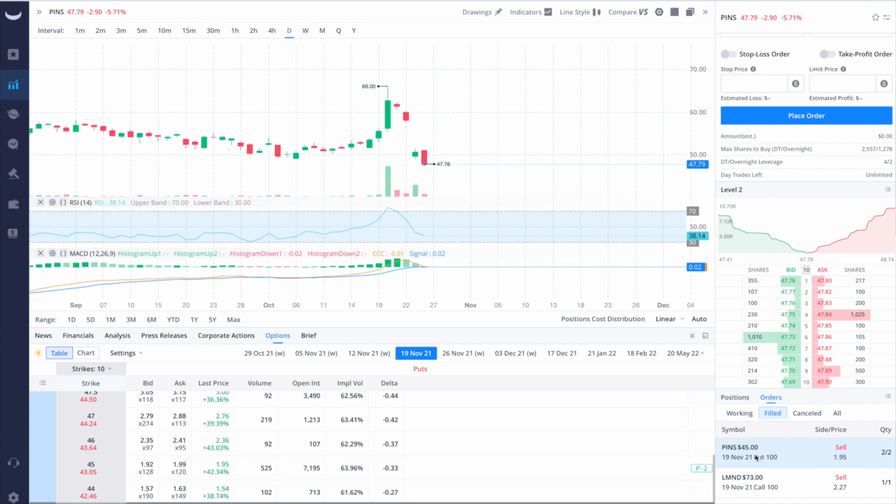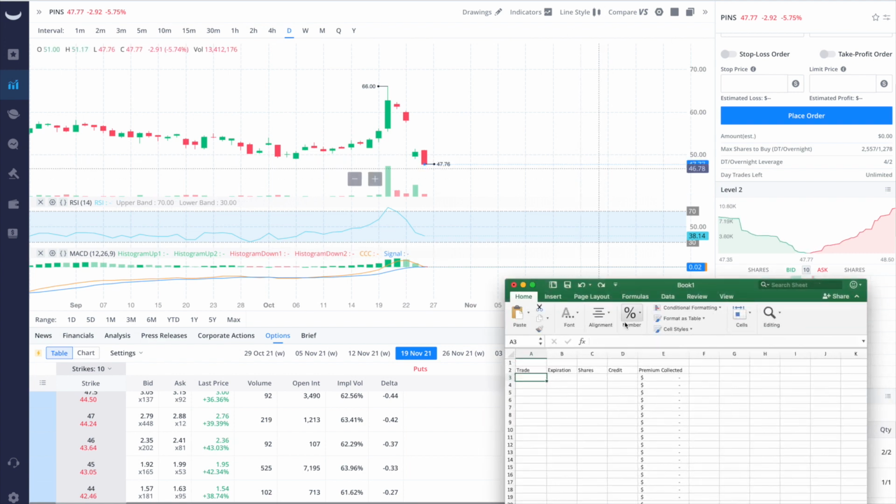So PINS, $45 strike, sold at $1.95. Now it's filled. So going back here, I'm going to document this so you'll know when I do trades like these, how much I'm making and if I'm even profitable at all. For the trades, I'm going to do a cash secured put, so I'm going to put CSP.